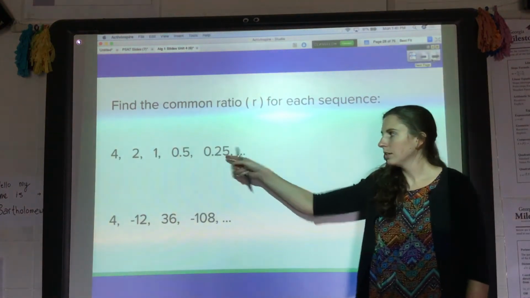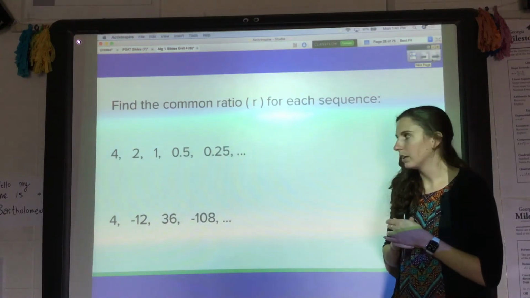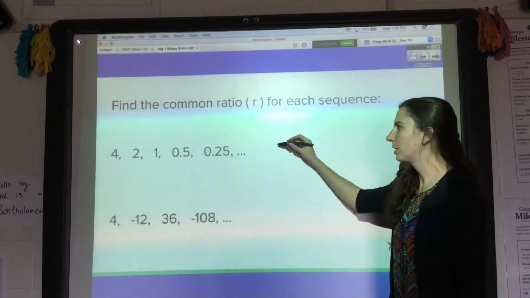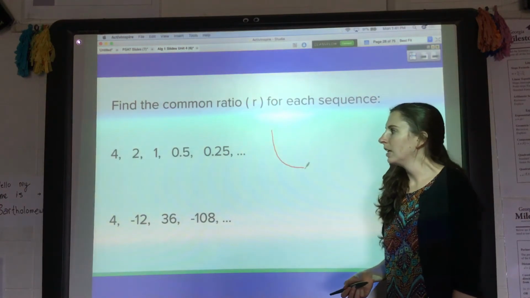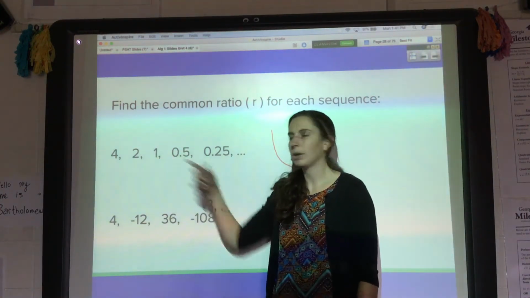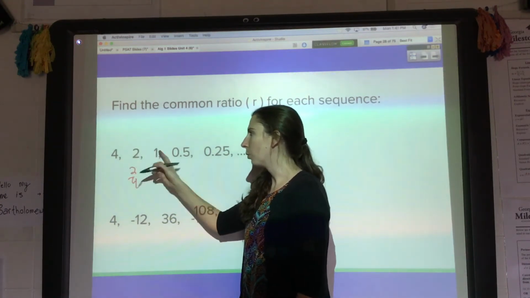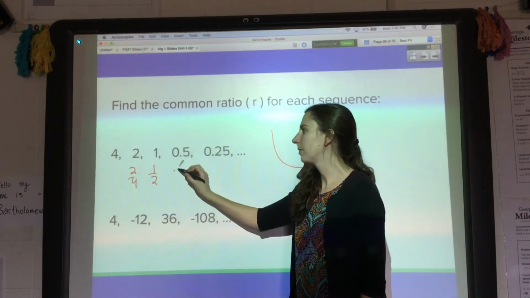Let's try this one. So this one's a little weird because it's going down, it's decreasing. This is actually exponential decay rather than exponential growth. Again, if you're not sure what the ratio is, you can always take a term and divide by the term before it and see what you get, like 2 divided by 4, or 1 divided by 2, or even 0.5 divided by 1.